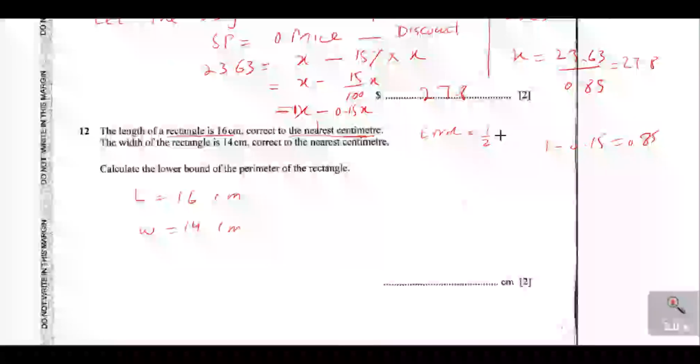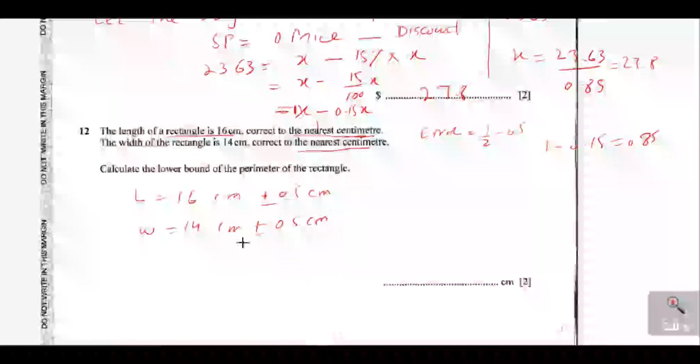So 1 over 2, we can write 0.5. Therefore, 0.5 centimeter we will add or subtract to get the lower and upper bound values. Here we will write 16 plus or minus 0.5. And for 14, this error is also 0.5 centimeter.